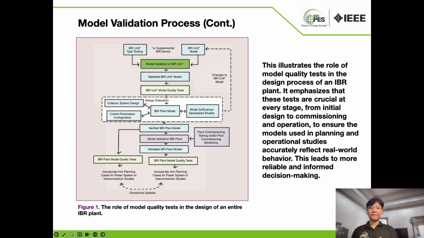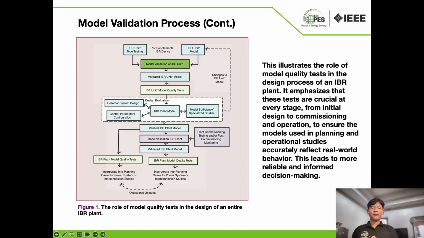At the end of the design validation process, a verified power plant model is obtained. Here the term is used because at this stage, the performance of the IBR plant model can be compared against the performance requirement in the appropriate grid code or standard.